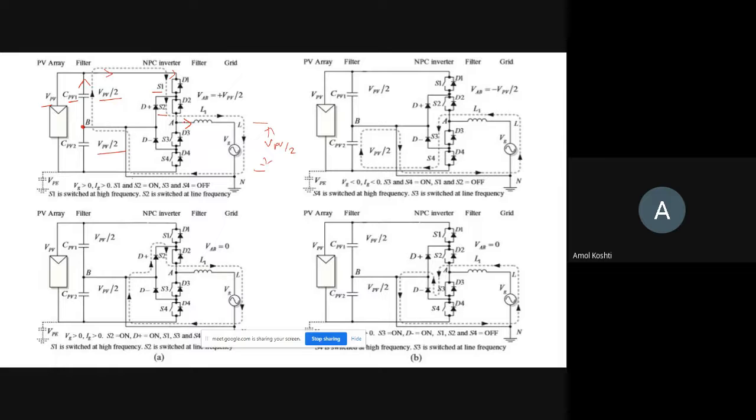Okay, so during this, whatever is the charging of this filter inductor, that will happen here. So when we are going for the negative half, first we have to discharge this filter. So how to discharge? For that we have this provision. We have to use these freewheeling diodes in the circuit. So the inductor will discharge in this way.